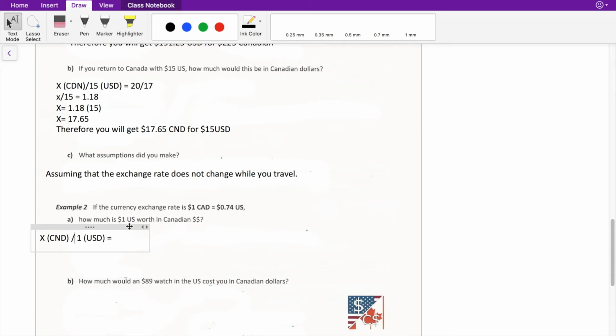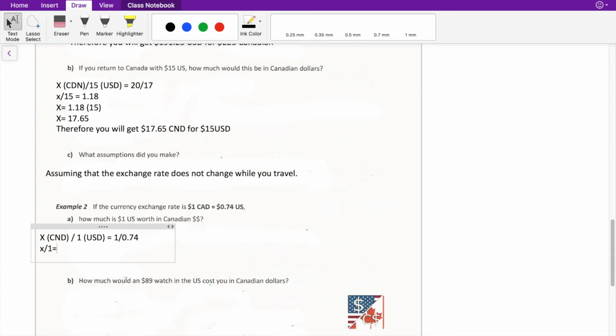So I have x over 1. So that means I have to put my Canadian up top. So I'm going to put 1 up top, and its partner is 0.74. A little hint here: if you ever have x over 1, that's the same as saying just x, because anything divided by 1 is just that item that's on top.